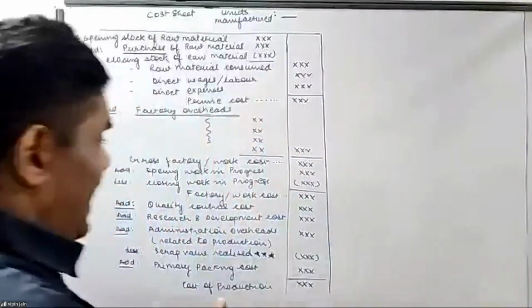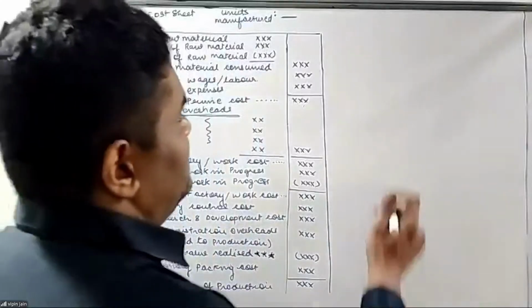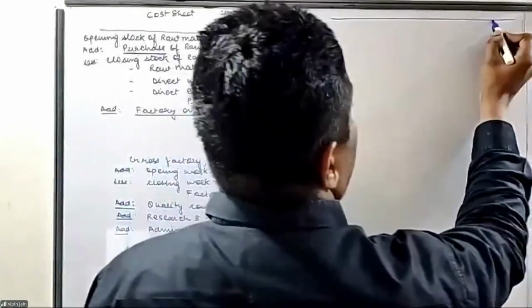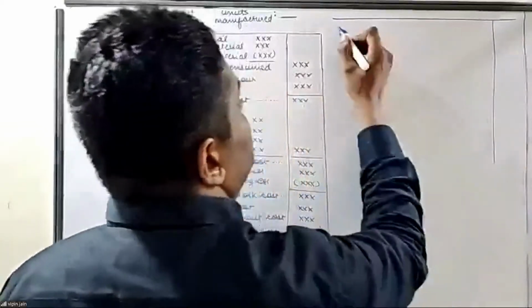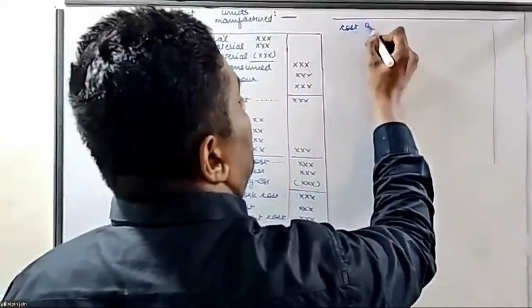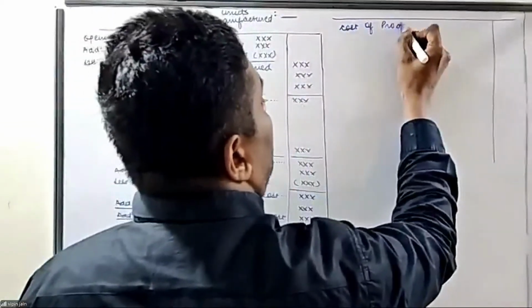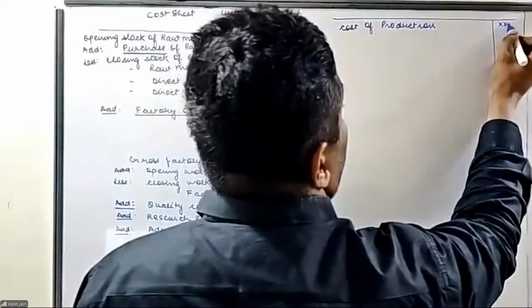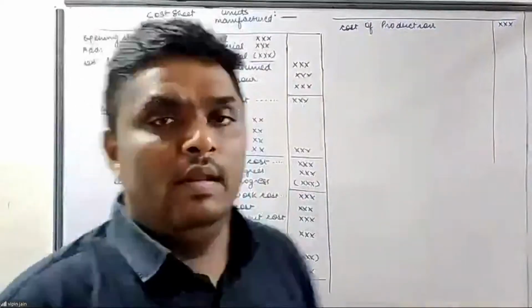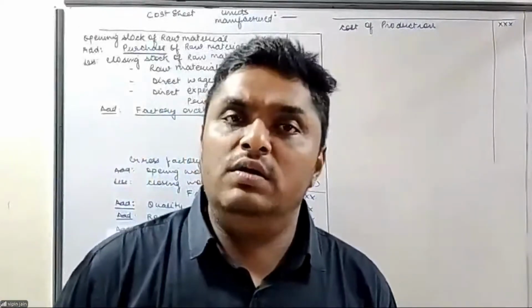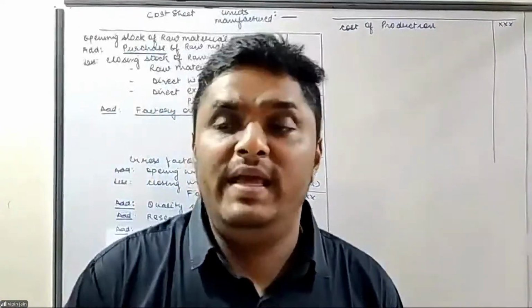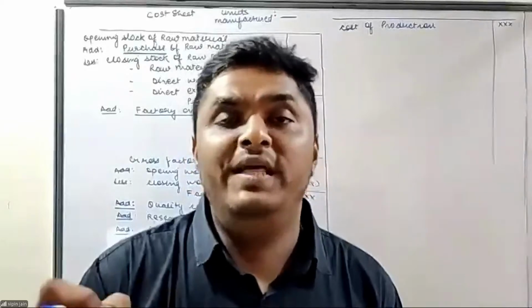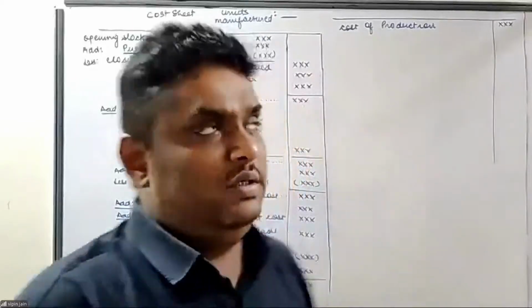So now, let's say we have calculated the cost of production. After calculating the cost of production, we will make adjustments of opening stock and closing stock of finished goods.